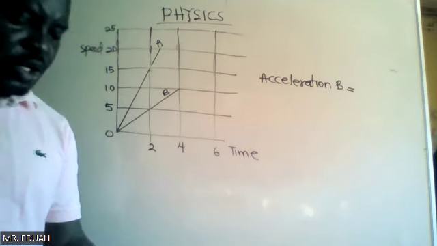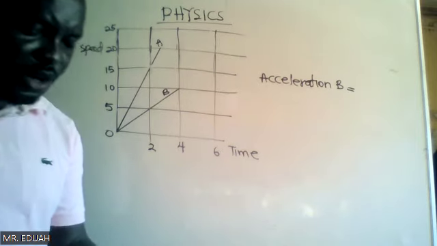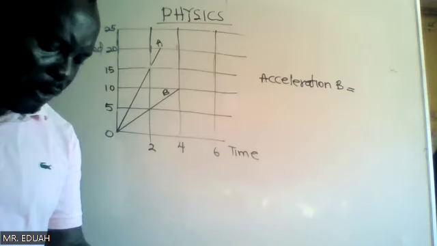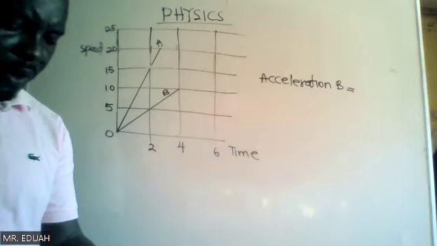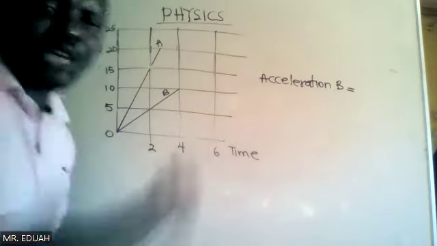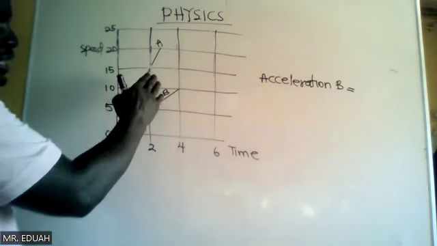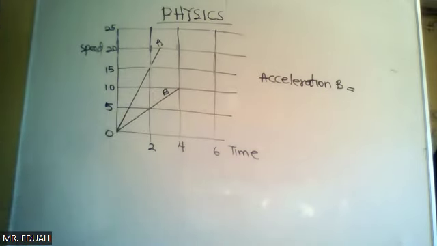Is that okay? So it means if you have a speed time graph or velocity time graph and you are looking for the acceleration, find the slope. So Paulette and Leslie, practically, this is what I expect.